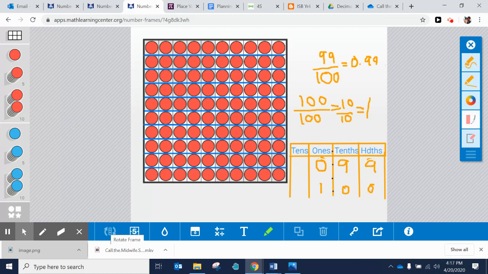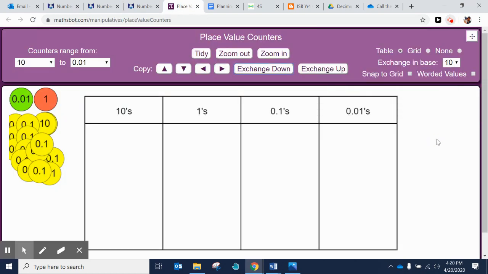So let's have a look at some place value counters now. So now we're going to look at some place value counters and what these look like on a place value grid. So once again, we've got our place value grid here, and we've got tens, ones, tenths, and then hundredths. So we're going to make some numbers. So they're my tenths.